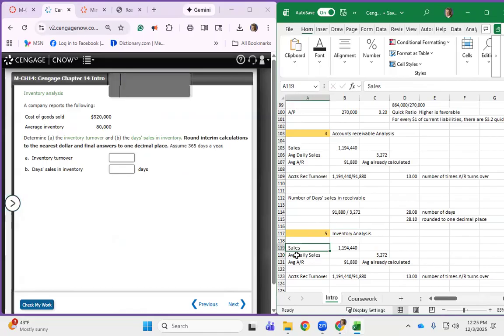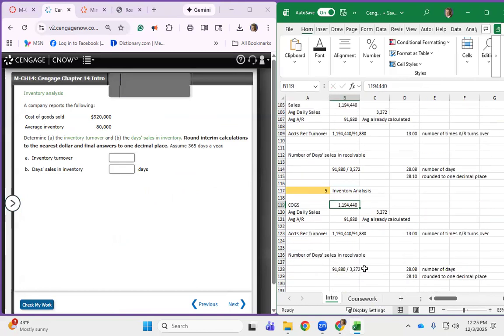So let me fill these in. Cost of goods sold. You can always use COGS as your label for cost of goods sold. We got 920,000. Then we have average inventory here. They have already calculated it for us. It's 80,000.